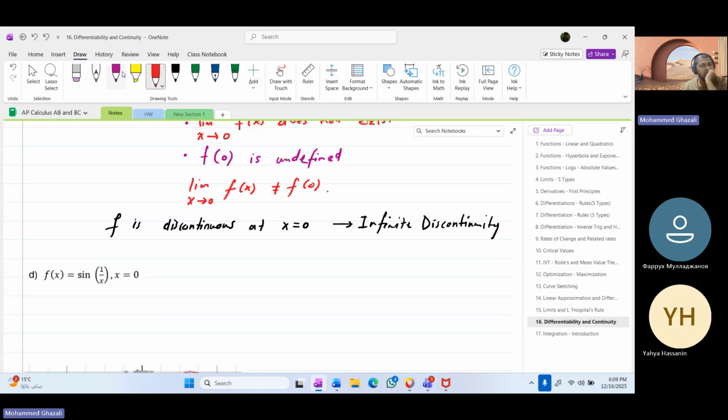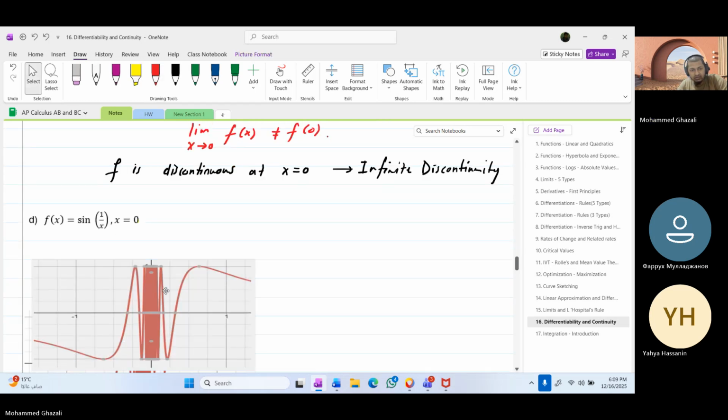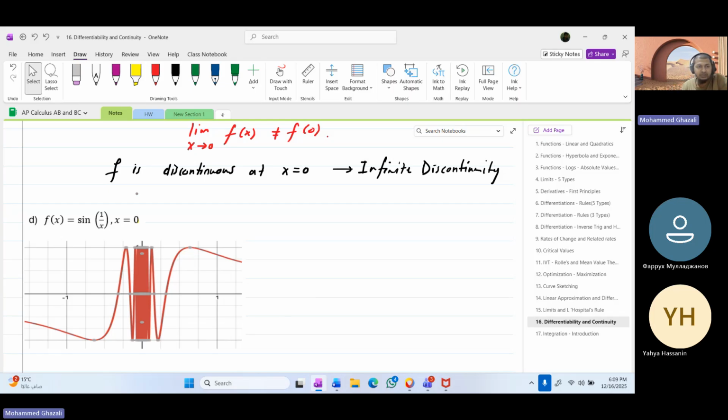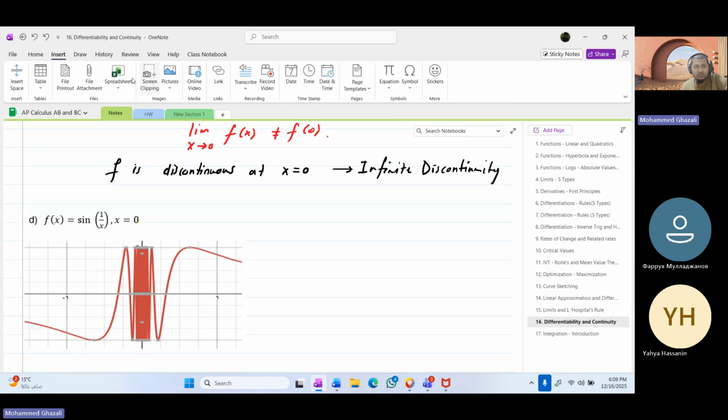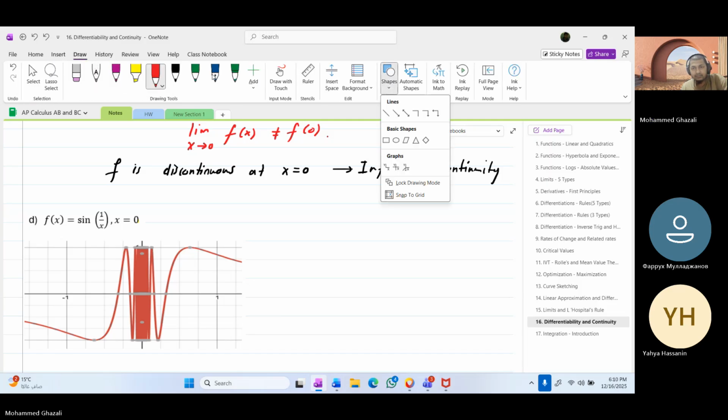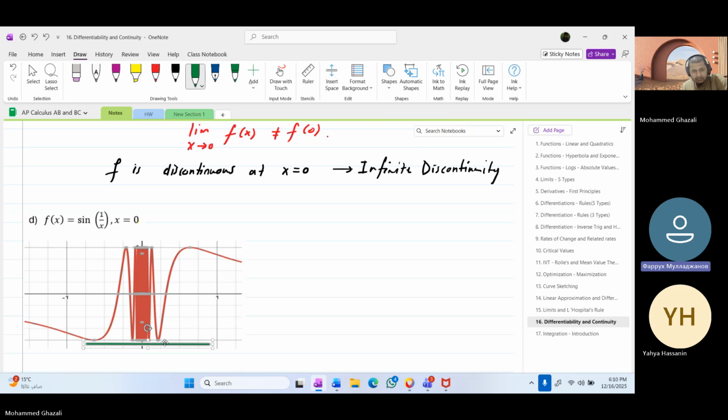Sine 1 over x. Okay. Sine 1 over x, I've sketched a graph for you here, right? This is a graph of sine 1 over x. So see what happens. Observing this graph, it's not discontinuous, no?